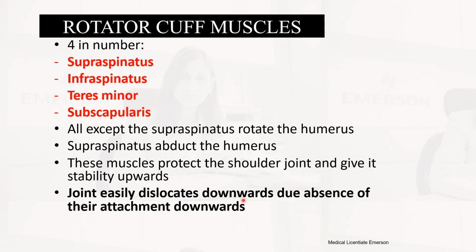The joint easily dislocates downwards due to absence of their attachment downwards. So that's why it dislocates downwards. These are the rotator cuff muscles: the supraspinatus, infraspinatus, teres minor and the subscapularis.